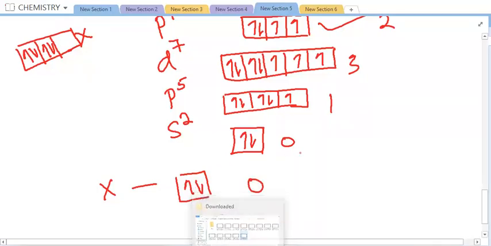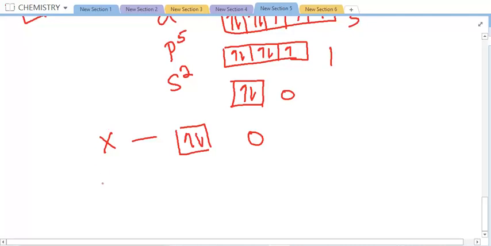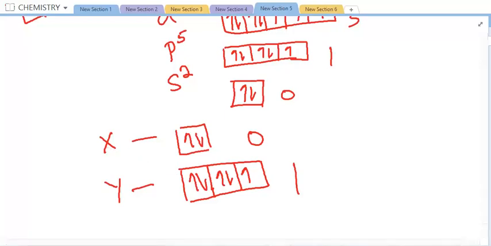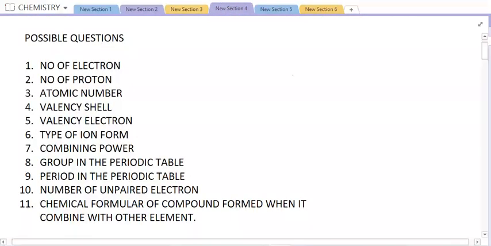For Y, the last is 2p5, so you have 1, 2, 3, 4, 5. How many electrons are unpaired? 1. So the number of unpaired electrons for Y is 1, and for X is 0. That answers question number 10, number of unpaired electrons.